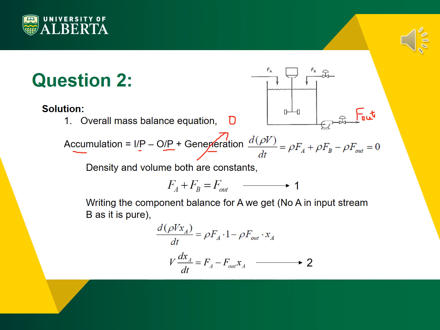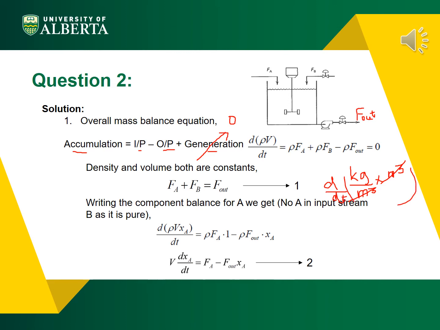We know that the volume of the system is V. So d by dt of density into volume is equal to the mass coming in through the first stream, which would be density into the volumetric flow rate of that stream.